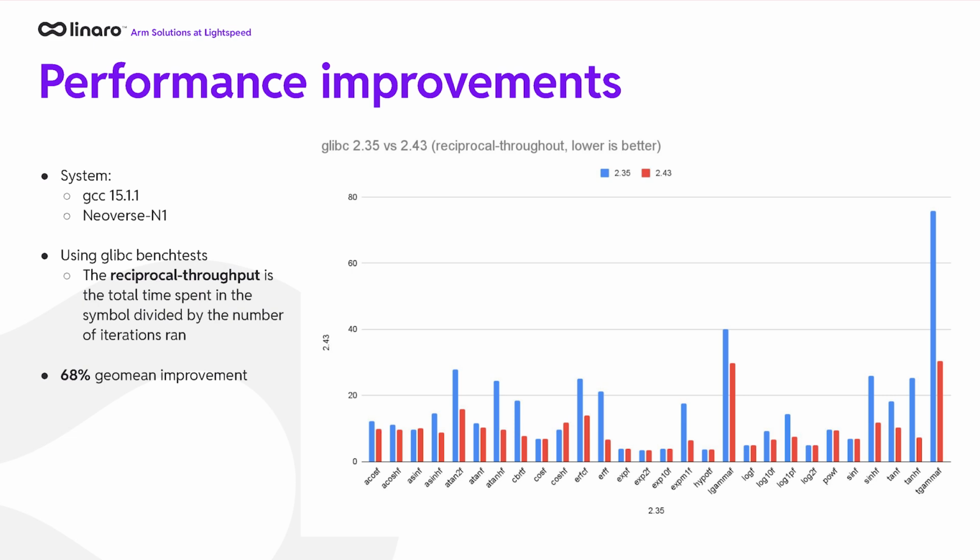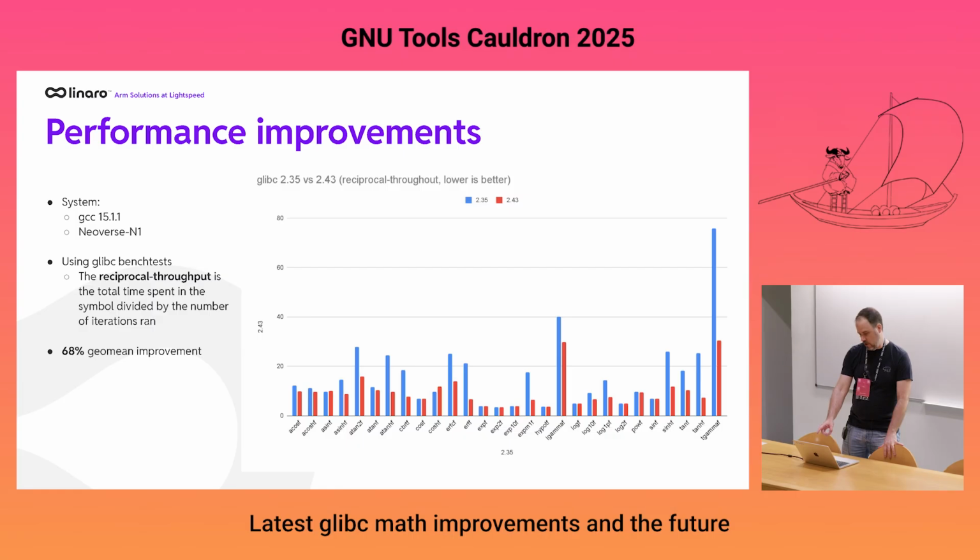So this is the performance improvement we have so far. The first one is on ARM64 using a Neoverse N1. I forgot to add the configure options I used on glibc, but it's the usual one a distribution is going to use: enable fortify, enable stack protector strong, and using O2 without any special flags.